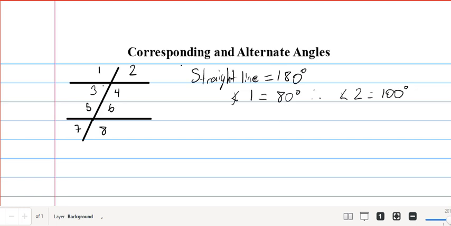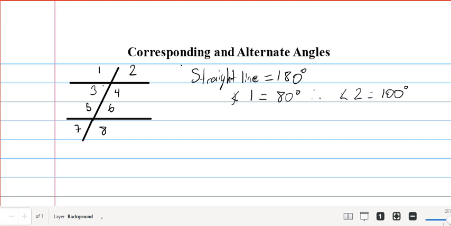Now, your alternate angles are right opposite pretty much your corresponding angles, right? So your corresponding angle for 5 is 1 because they're in the same relative position, right? So your alternate angle for 5 is 4. You can think about it as crossing the street right over here is 4, all right? And they are the same, right?